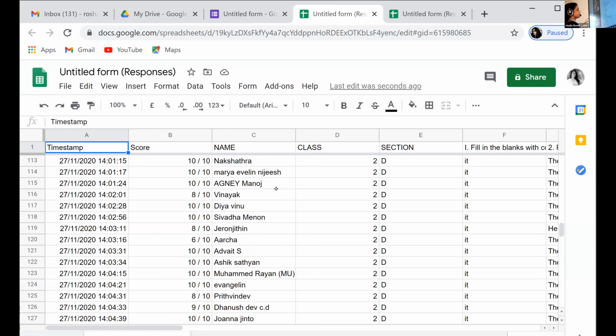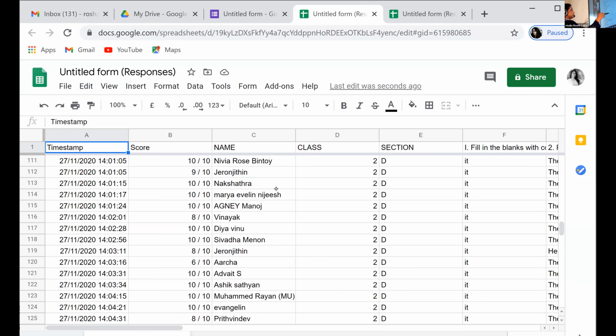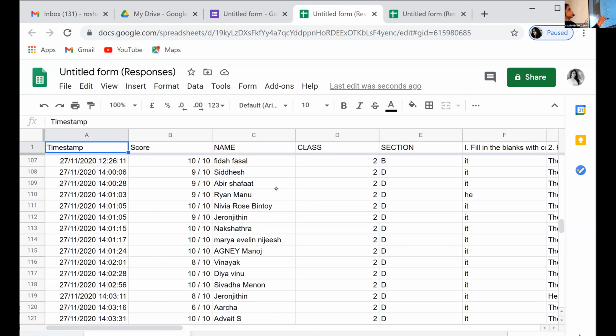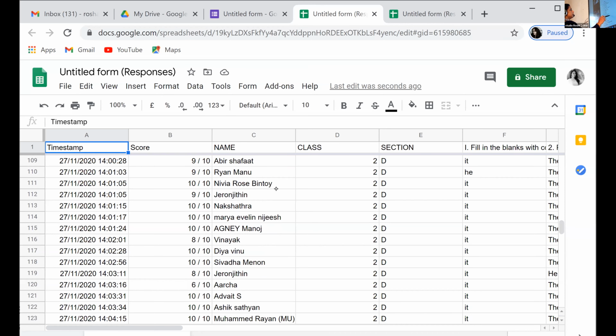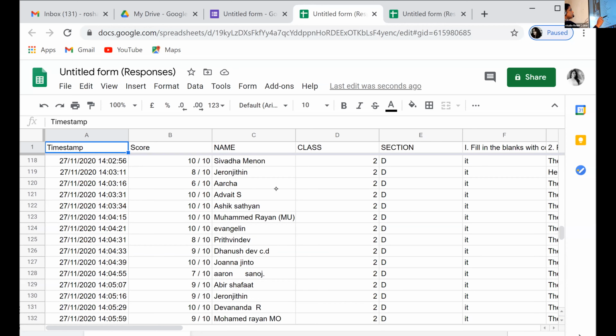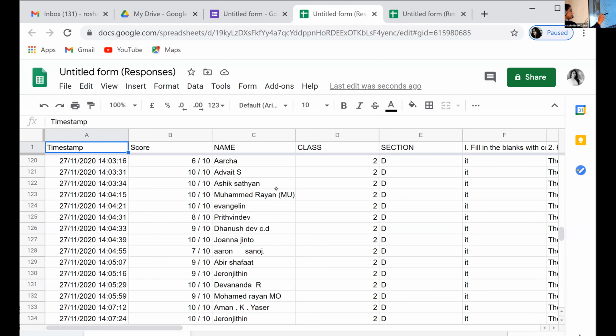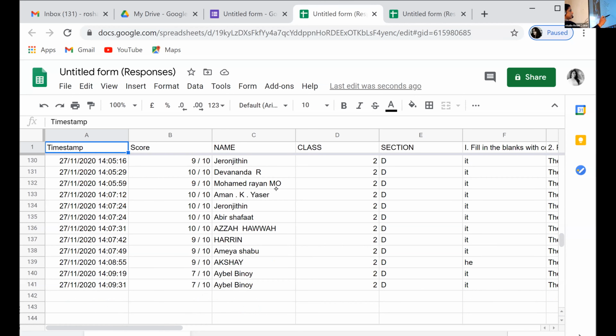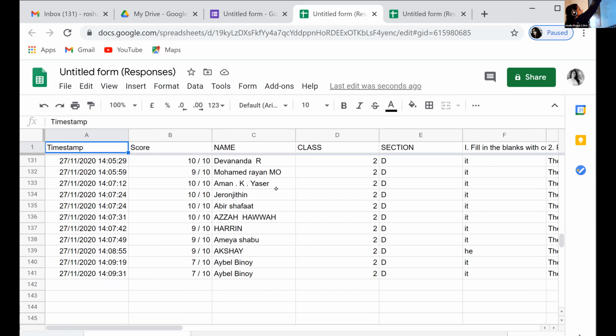I hope all of you have clicked onto the submit button. I've got the marks of these children. You can go through it. Sadish, Abir, Rayan, Nivya, Nakshatra, Maria, Agni, Jeroen, Archa, Ashik, Mohammed Rayan, Evangeline, Prithwin. Most of you have done well. Very good. So let's move on to the topic.